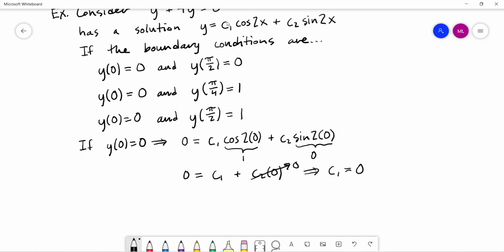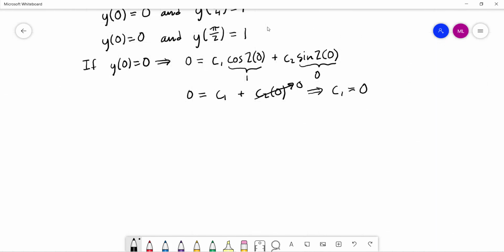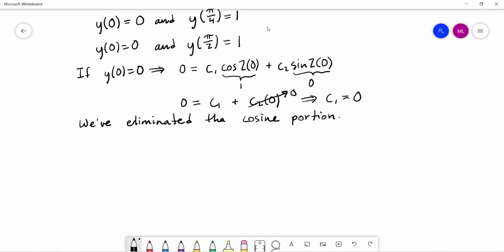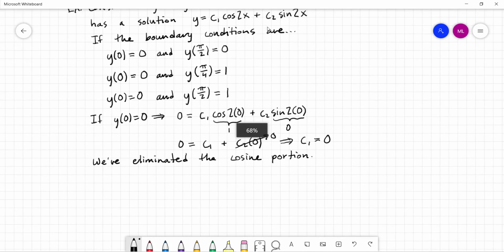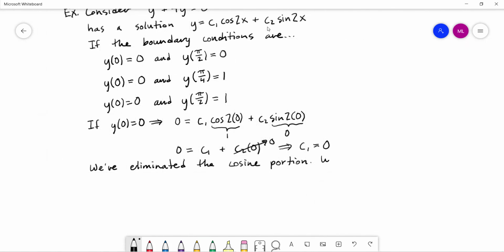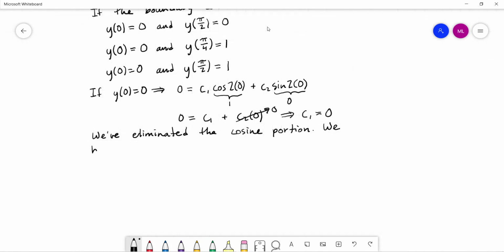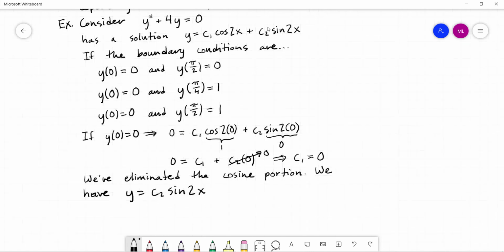In this case, it was enough to eliminate this first term, the cosine portion. And so our solution at this point, before we plug in our second condition, is simply y equals c2 times the sine of 2x.